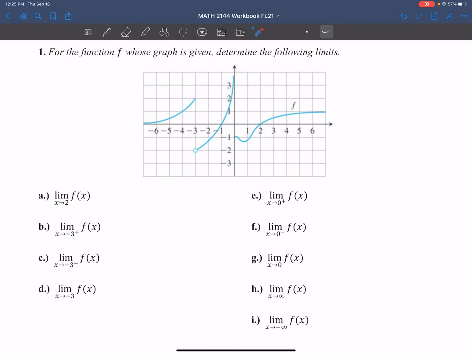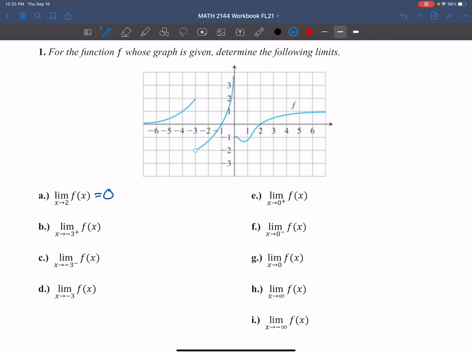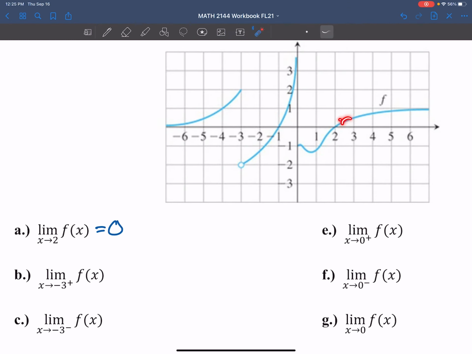Well, notice this is what we're used to. We approach 2 from the left or the right. We translate those to the graph. And does the limit exist here? Yes, it does. And what is it equal to? It is equal to 0. The y value that we're approaching is 0.